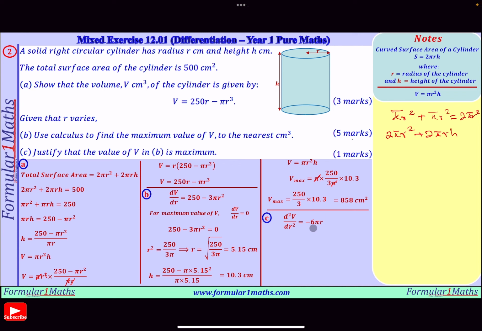And we can substitute the value of r, which makes the volume a maximum, and that was 5.15. So let's do our substitution. And this, as we can see, will give a negative value. And so we can say that the second derivative of V with respect to r is negative, and therefore V is maximum.